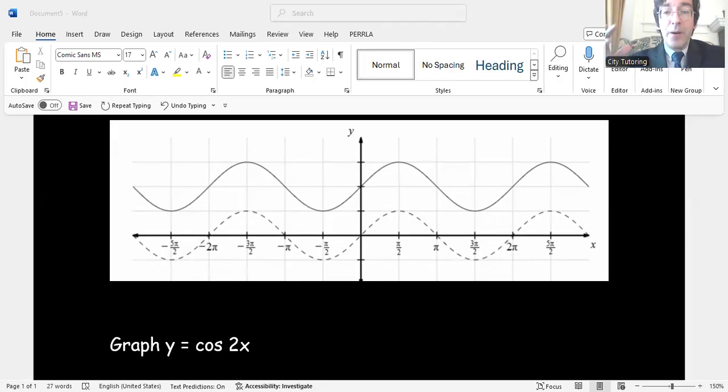If you know about functions, you know that the graph of y equals f of 2x in a regular situation is a horizontal scaling of a graph. When you have a function y equals f of x, towards the y-axis we have a factor of 1/2. So to produce y equals cosine of 2x, you have to scale the graph of cosine of x towards the y-axis by a factor of a half.